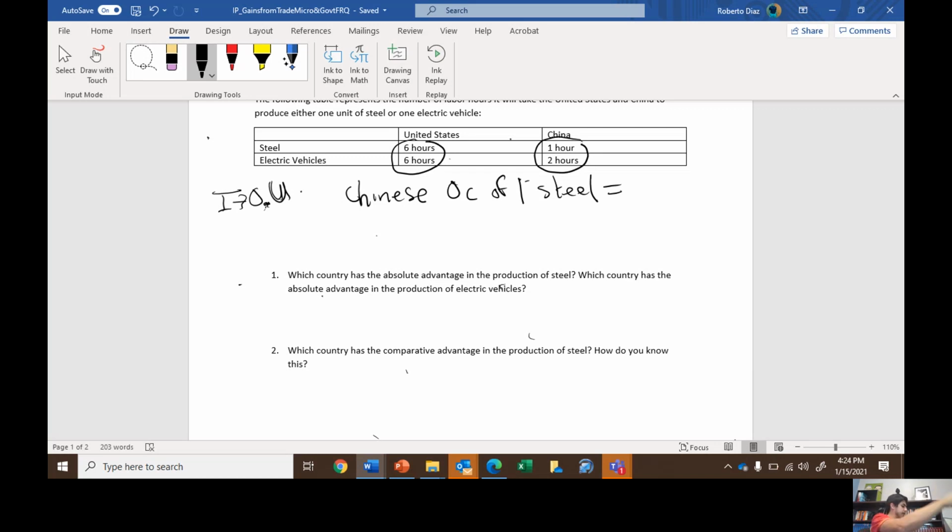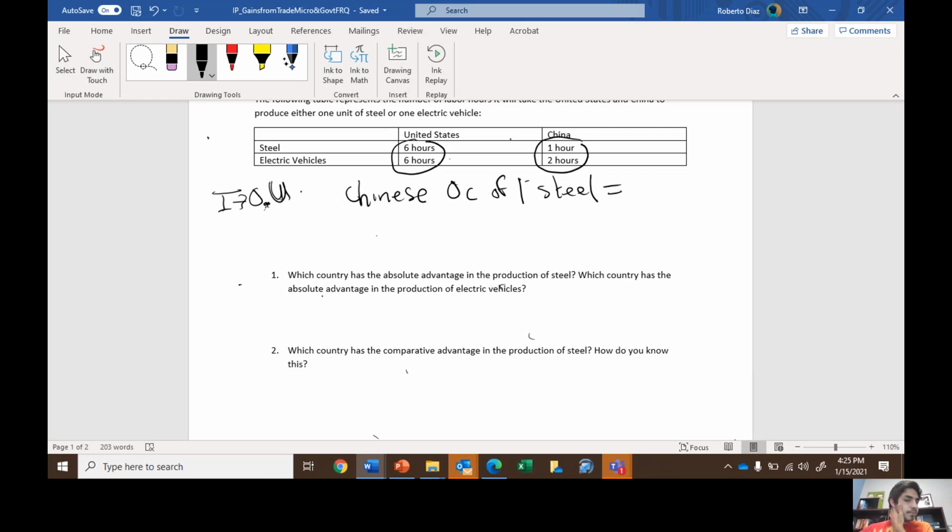Specifically, we're going to put the labor hours it takes to produce a single electric car in the denominator.